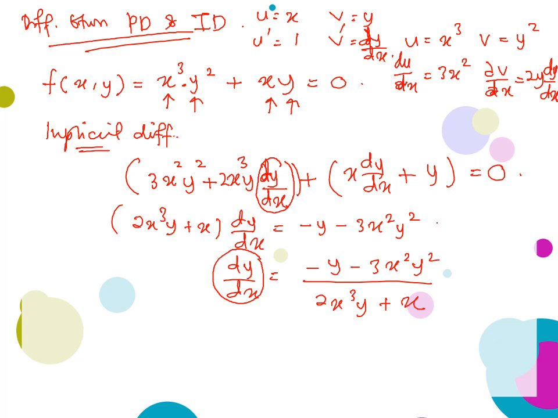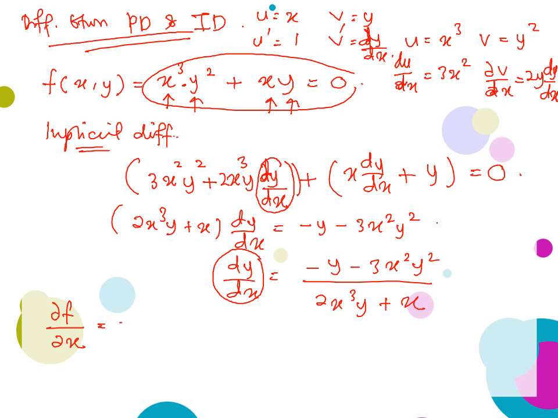But for partial derivative, when you have this kind of function, you will treat the other variables, which you are not interested to differentiate with respect to, as a constant. So what I mean here, when you differentiate your f with respect to x, you are just interested in variable x, so the y will be constant.